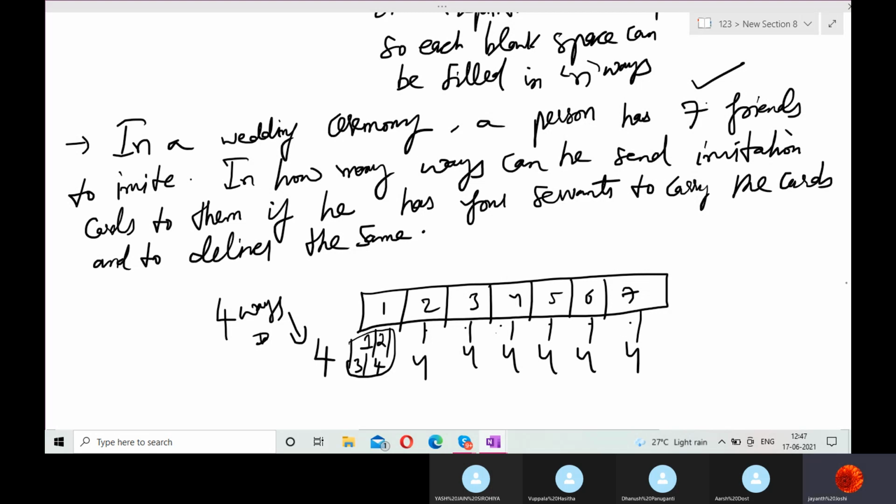So what is the formula I gave you? N power R. Who is repeating here all the time?